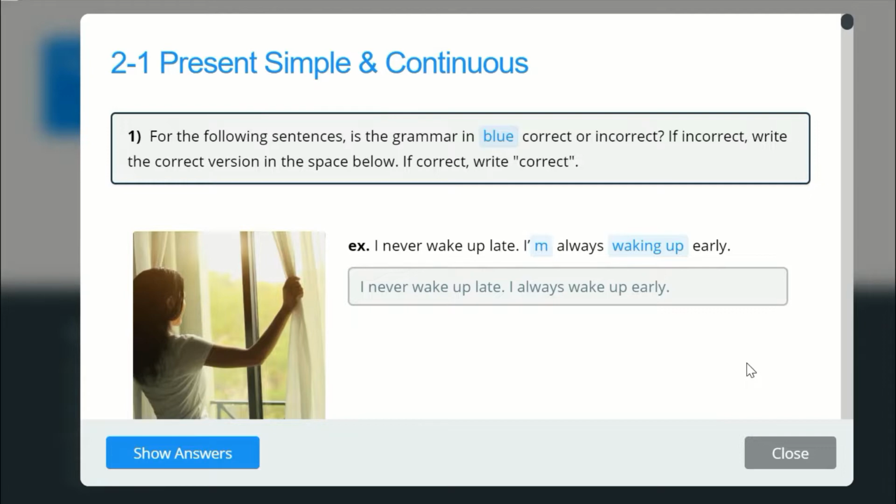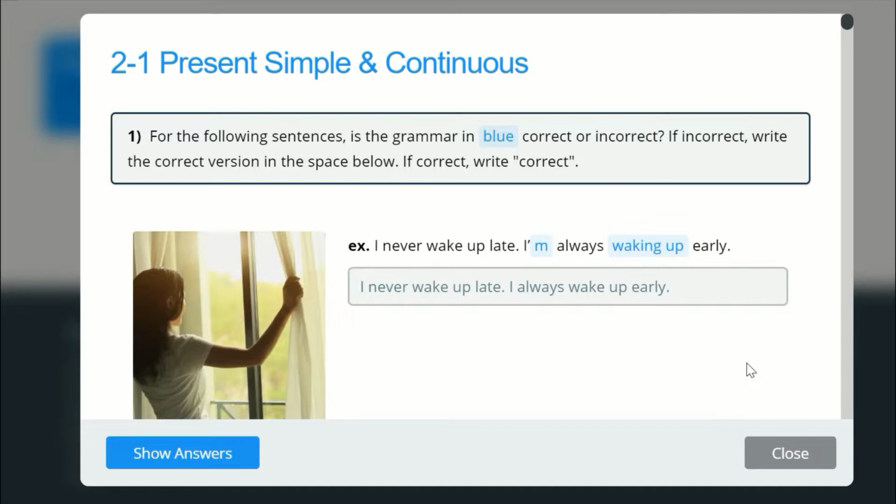If it's incorrect, write the correct version in the space below. If it's correct, just write correct, okay? Entonces vamos a ver las oraciones que vienen aquí. Si lo que está en azul está bien o si la oración es correcta, entonces yo le voy a poner abajo correct. Pero si la oración no está bien, entonces yo la voy a cambiar al tiempo que debe de ser. Here we have the example.